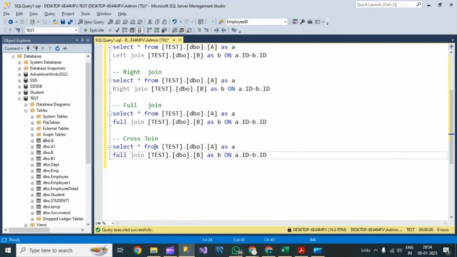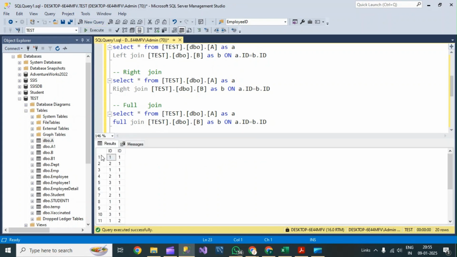Select star from table A, cross join table B, give it aliases A and B. It will run. No, sir, the condition will be removed. Yes, this is right, so it will give the proper output. It will return 20 rows.